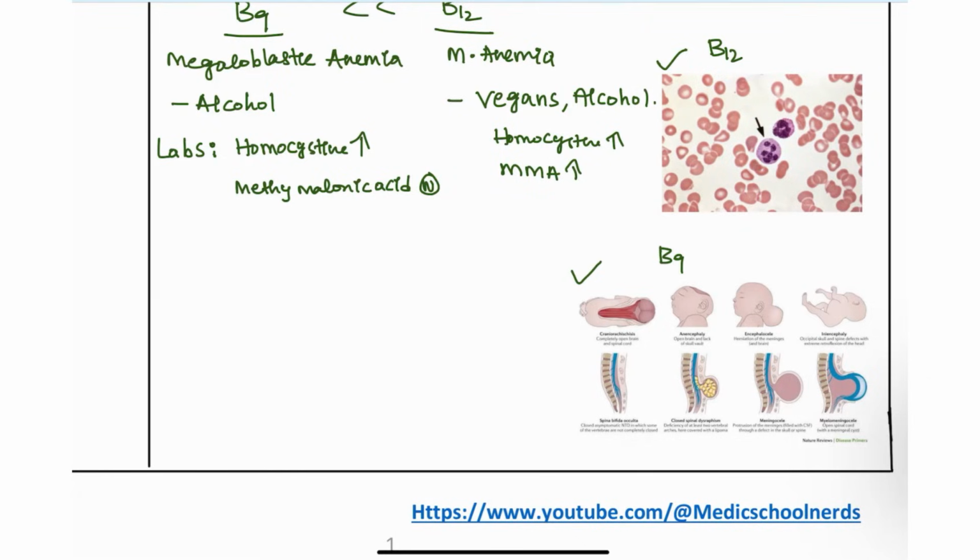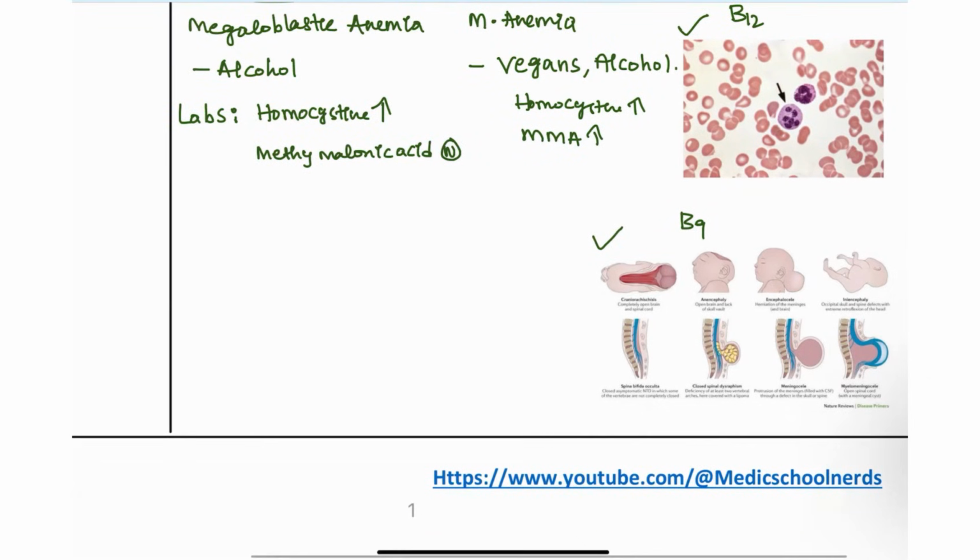So if the patient has B9 deficiency, methylmalonic acid will be normal, whereas in B12 it will be elevated. Another cause is pernicious anemia, which is classically seen in patients with a history of GI surgery.